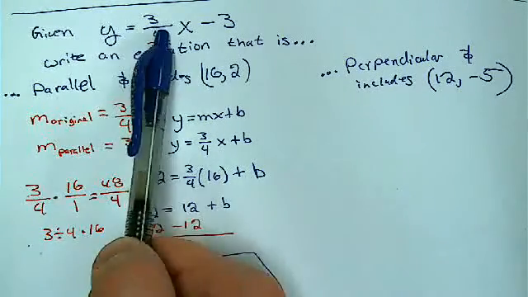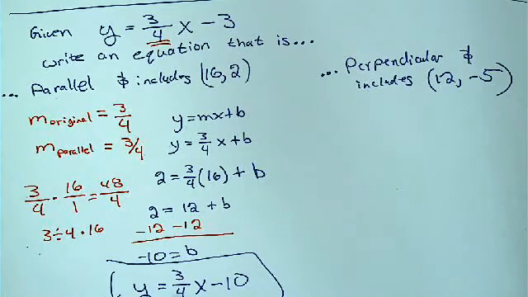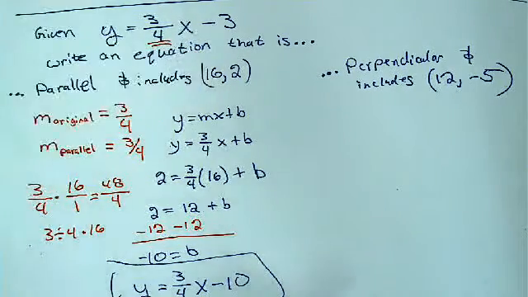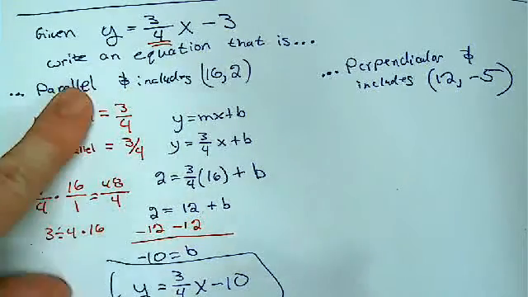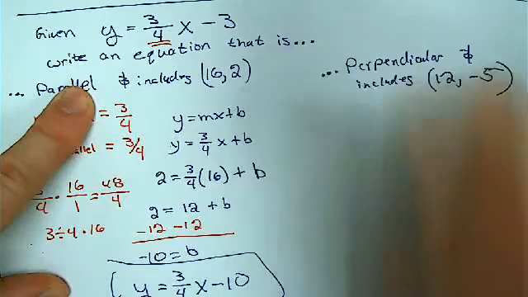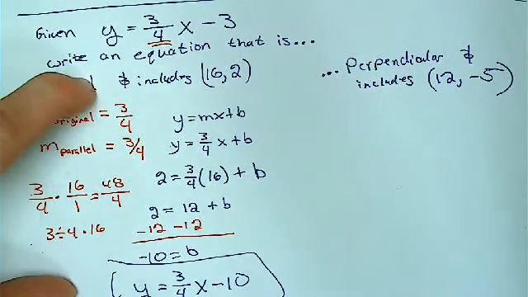It has the same slope, so it's parallel. And that negative 10 guarantees that it goes through the point 16, 2. That's what I set out with this problem. I wanted an equation that was parallel to the original and included the point 16, 2. So that's what this is all about.